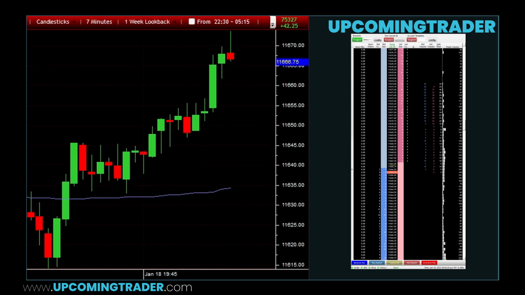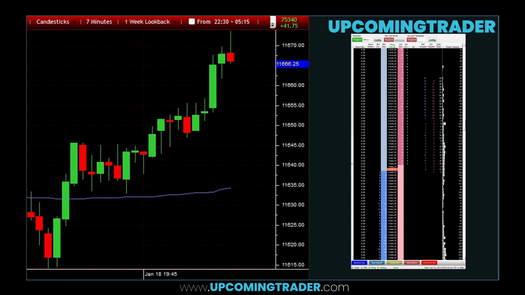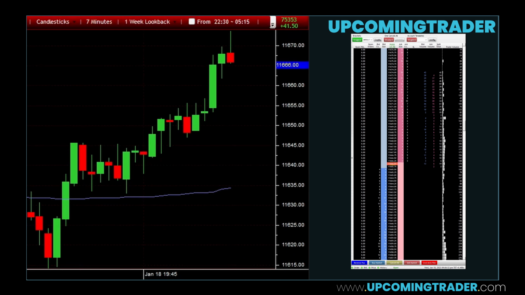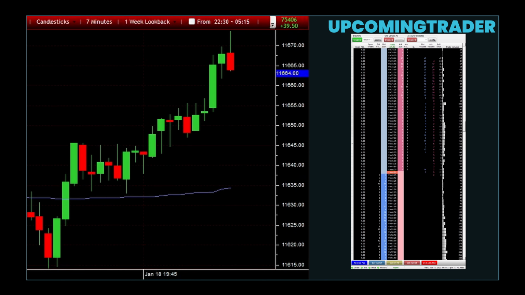Let us begin by understanding what exactly the volume profile is. Imagine looking at a chart that does more than just show the price. Instead, it tells you where the most buying and selling activity happened, right at specific price levels. This is what the volume profile does.